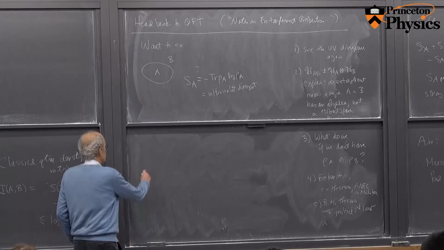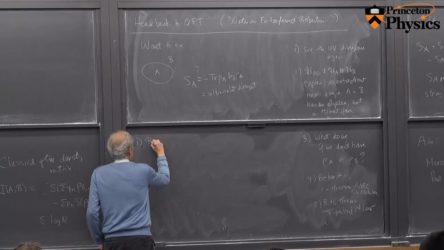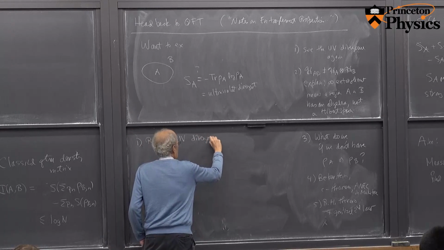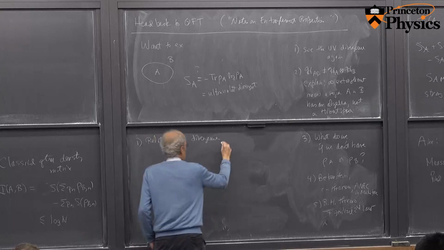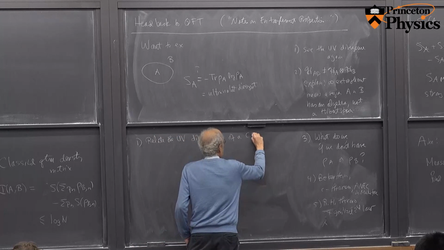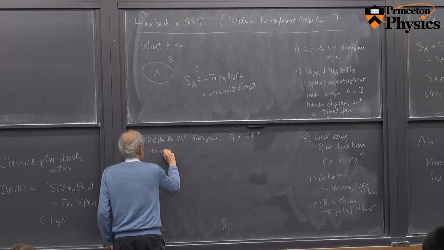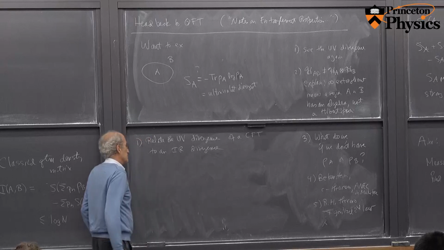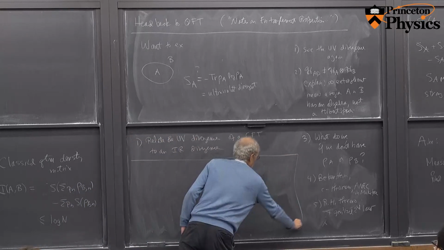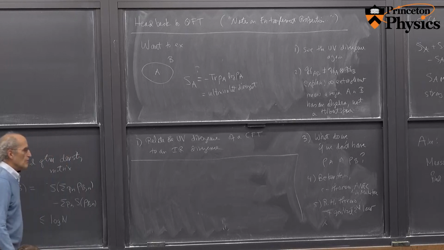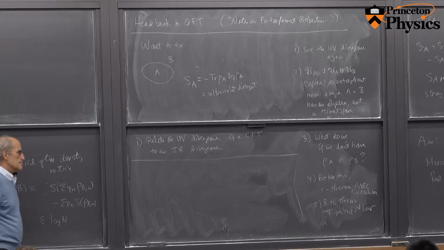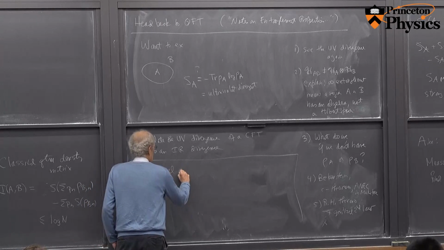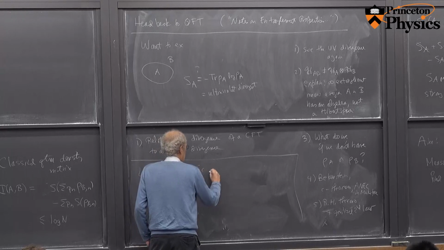But for step one, we're actually going to relate the UV divergence in the specific case of a CFT, of a conformal field theory, to an IR divergence. So let's remember one of the basic examples of a density matrix.